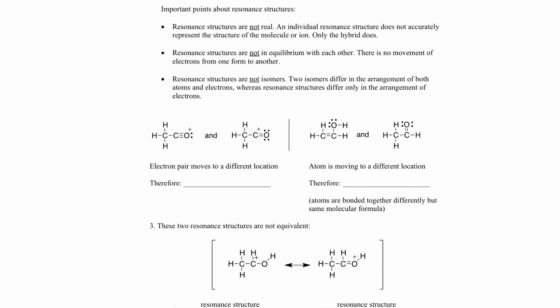To go from one to the other, we can draw a curvy arrow to show the movement of electrons, right? So we're moving the triple bond onto the oxygen. The electron pair is now at a different location, and all of the atoms still have the same orientation. So these two must be resonance structures.